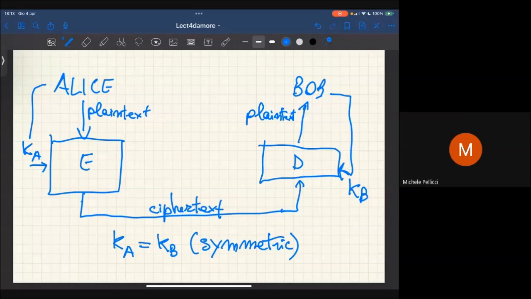But it is interesting the case where KA is different from KB. This is the asymmetric case.